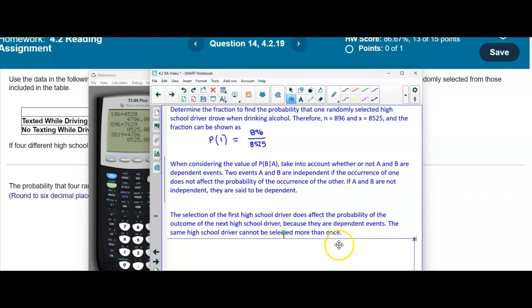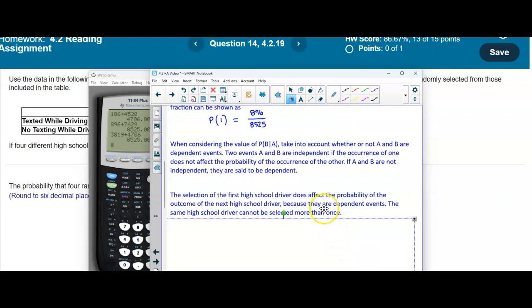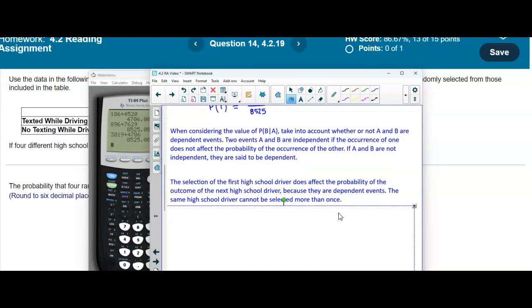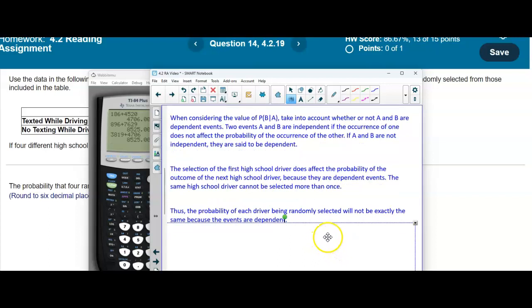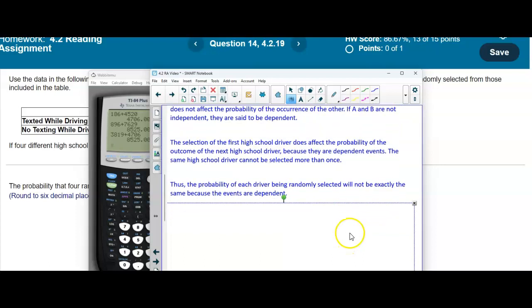Now, the selection of the first high school driver does affect the probability of the outcome of the next high school driver because they are dependent events. The same high school driver cannot be selected more than once. Thus, the probability of each driver being randomly selected will not be exactly the same because the events are dependent.